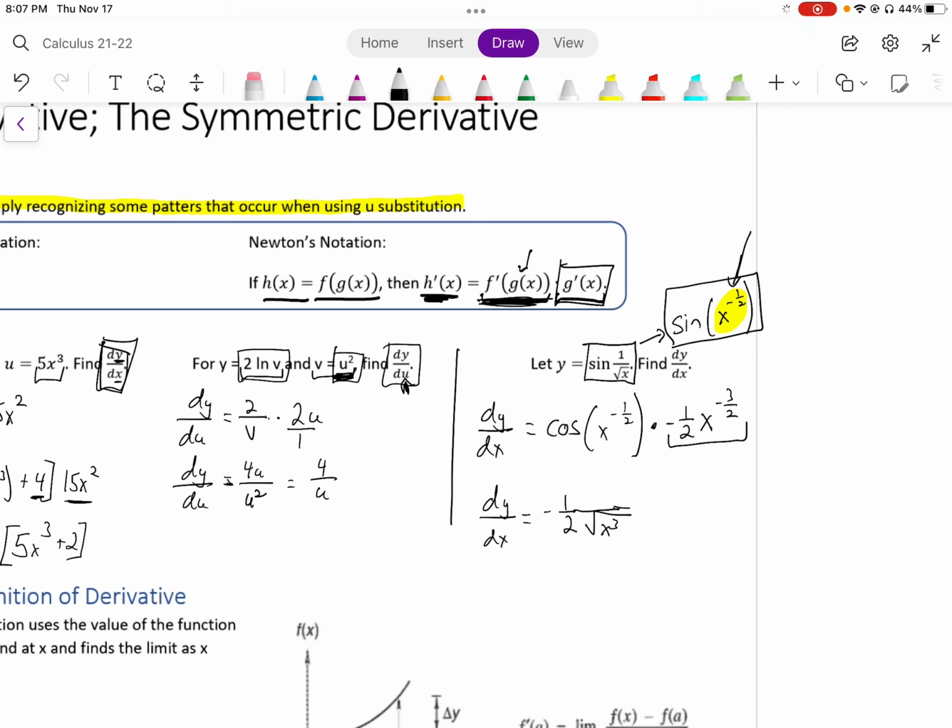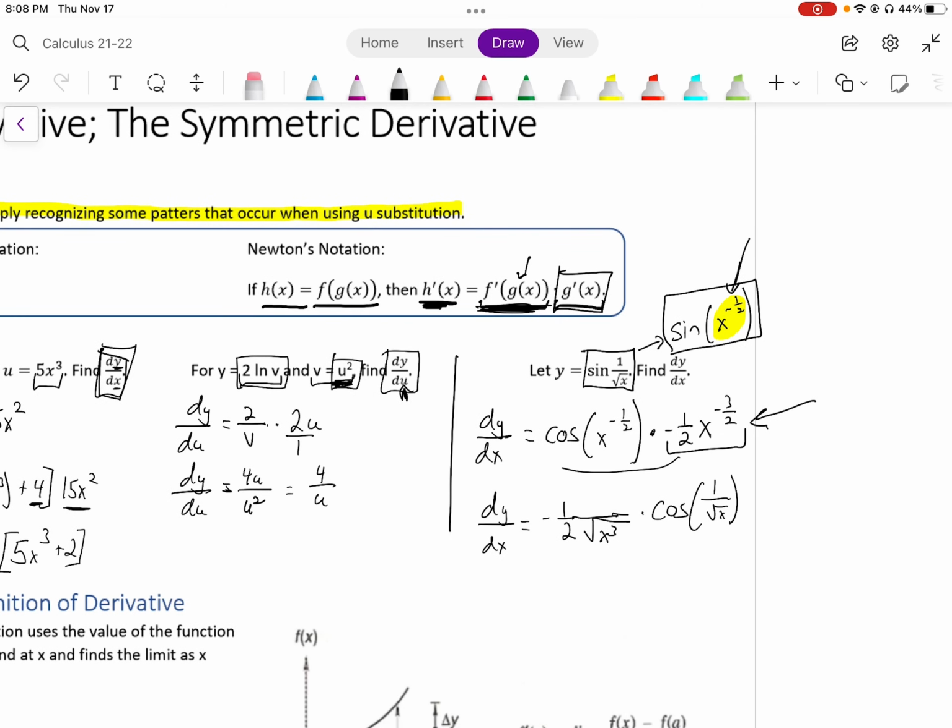And then the cosine, we can just say cosine of 1 over square root of x. This form is okay, so we could leave it like that. Probably put the negative 1/2 out front. So either one of these forms is okay.